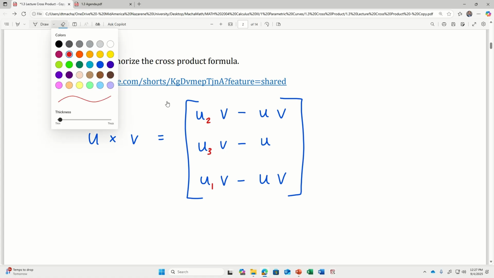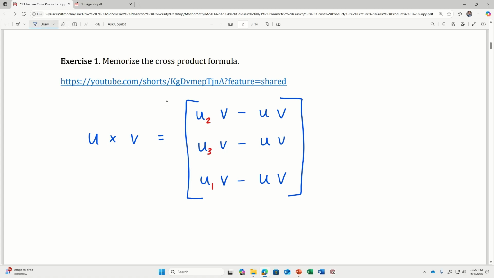Now what comes next is this. In the first entry of this product, since it's the first entry, the subscript 1 is never going to appear. Instead, it's going to be 2, 3, because I'm trying to avoid the number 1. And then, because I don't want to subtract the same thing, I'm going to subtract 3, 2.